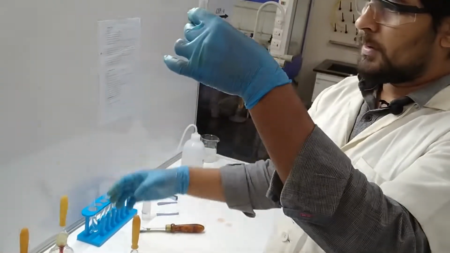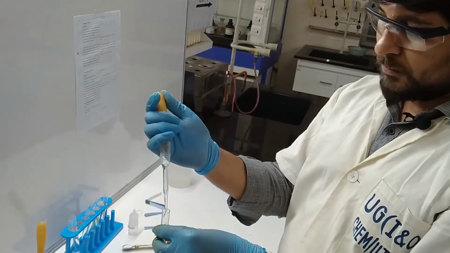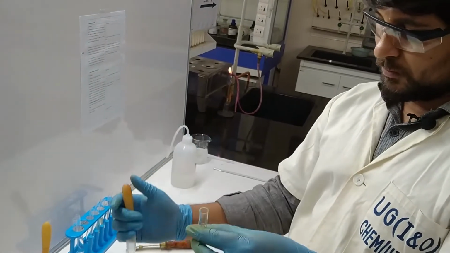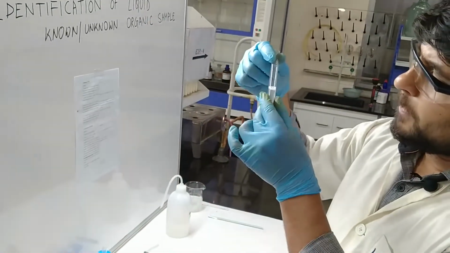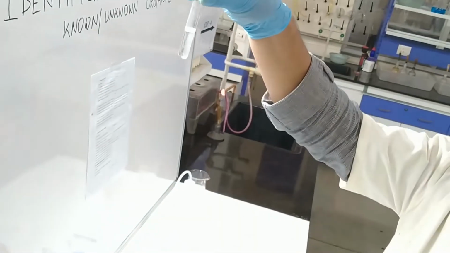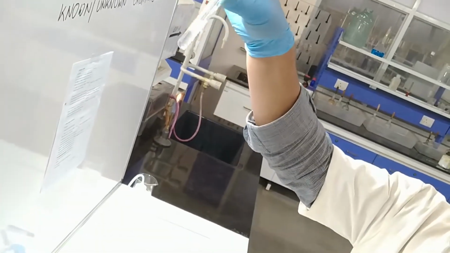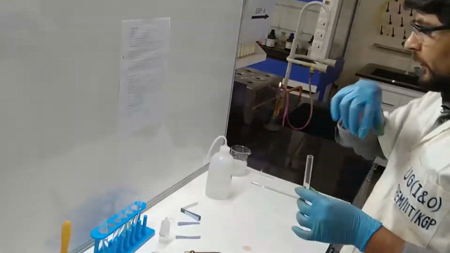Almost dissolved. I think it consumed 1 to 2 drops more. Yeah, now you can see it gives us a transparent, clear solution. So this is the Tollens reagent, and this one we have to add to the oxidized solution.